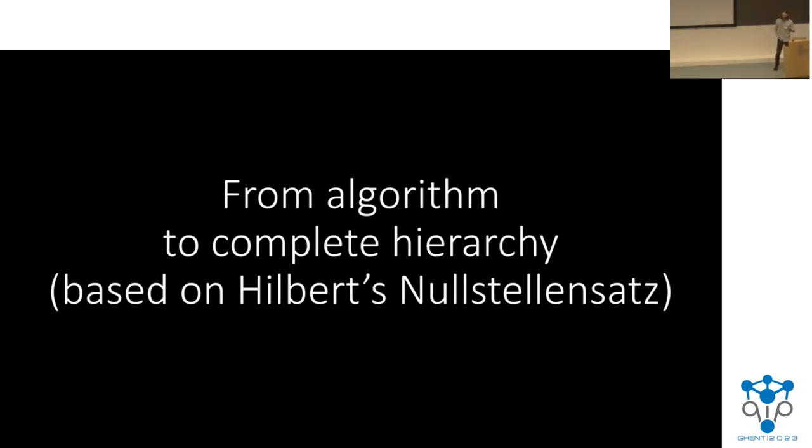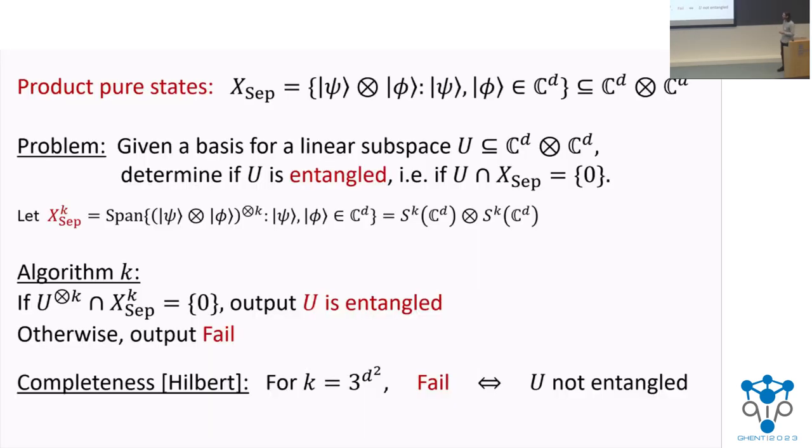But this is just a one-sided algorithm, so let me show you the complete hierarchy, and this is based on Hilbert's Nullstellensatz. So this whole hierarchy is what someone in algebraic geometry would call a Nullstellensatz certificate for this problem. The kth level of the hierarchy does what you would expect. Instead of looking at U tensor twice intersect X sep 2, you look at U tensor K times intersect X sep K times.